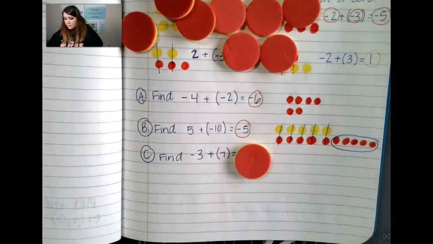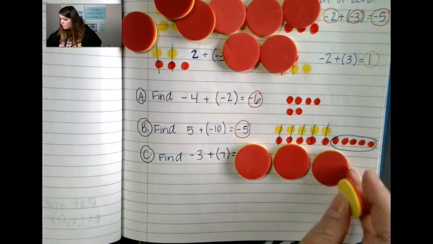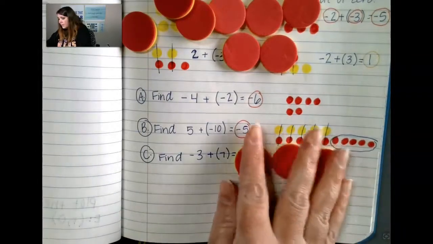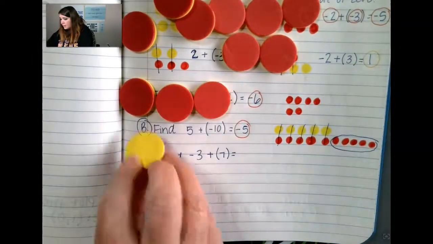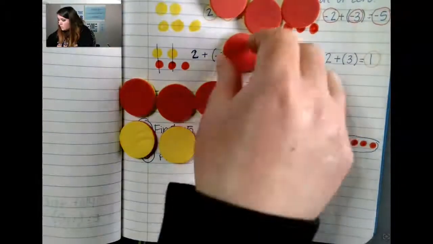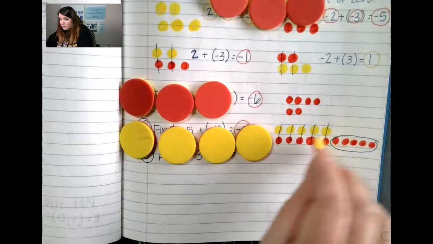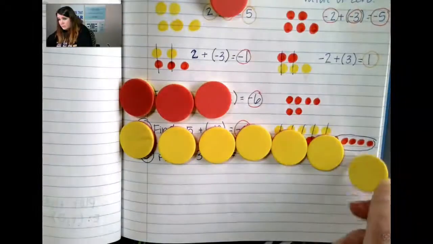We've got -3, and then I need to add 7. So there's -3, and I'm going to add on 7: 1, 2, 3, 4, 5, 6, 7.